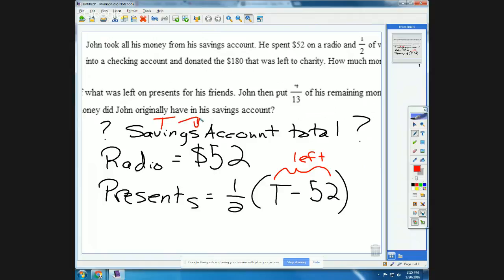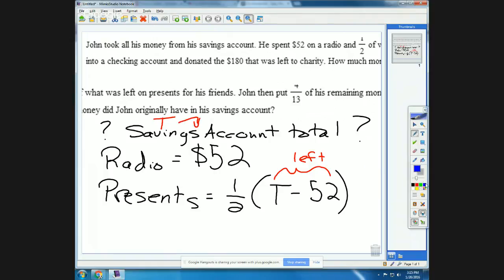John then put 4/13 of his remaining money. So we have to do another what's left thing. New color.